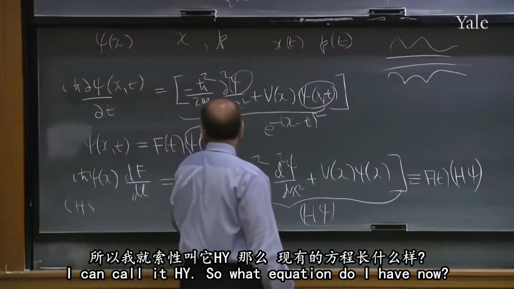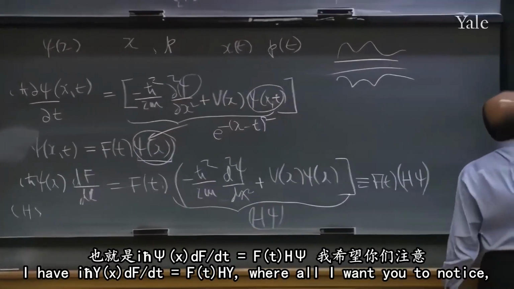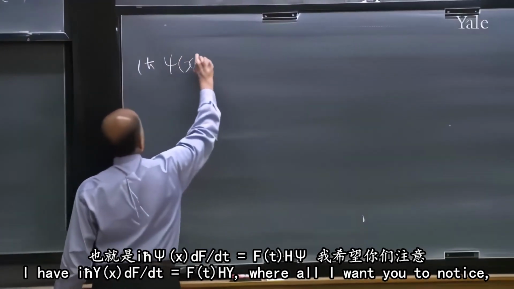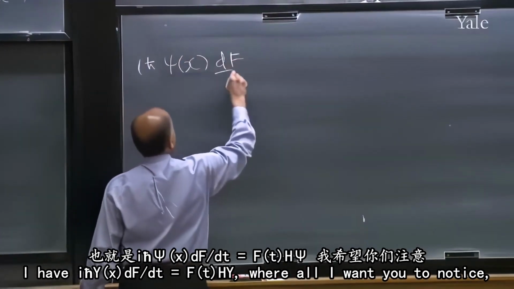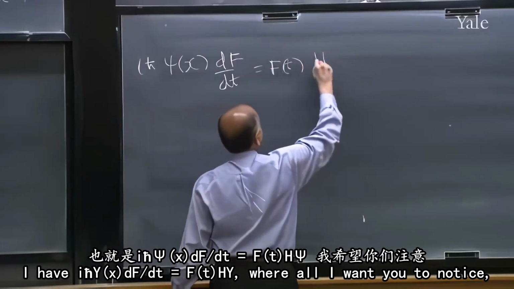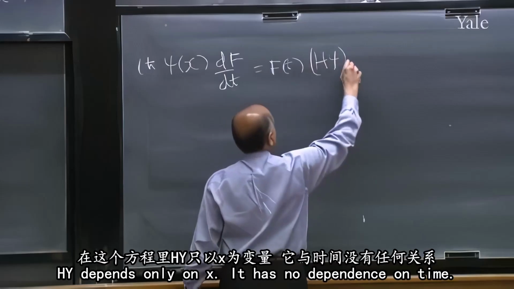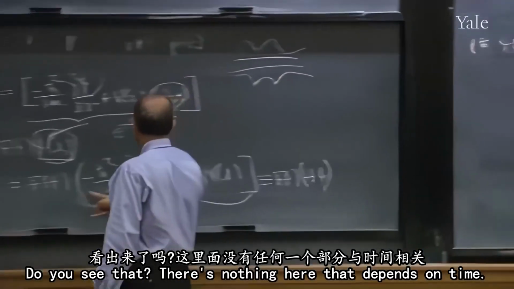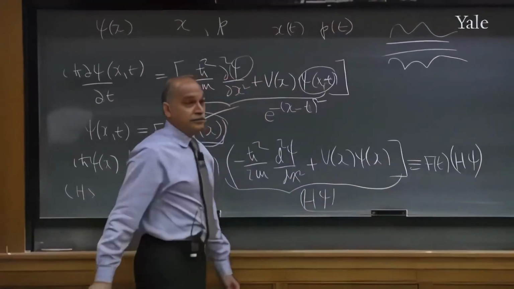So what equation do I have now? I have i h bar psi of x times df dt is equal to f of t times h psi, but all I want you to notice, h psi depends only on x. It has no dependence on time. Do you see that? There's nothing here that depends on time.